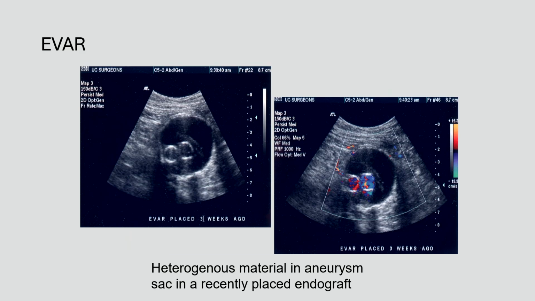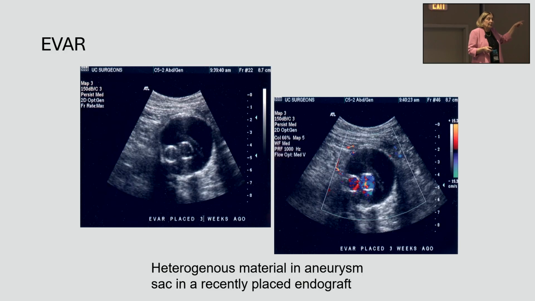We have heterogeneous material. Now, if it's homogeneous in the sac, in terms of the echo density, that's good. But if it's a recently placed endograft, it hasn't had time to solidify into echo-dense material. So you will see some differences.